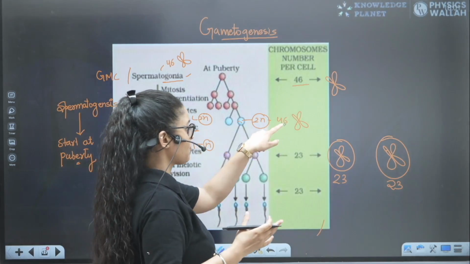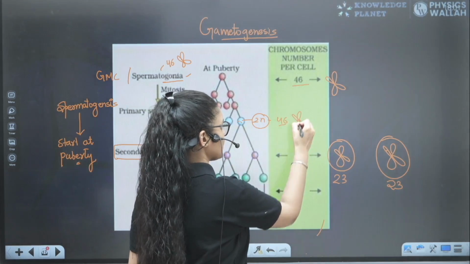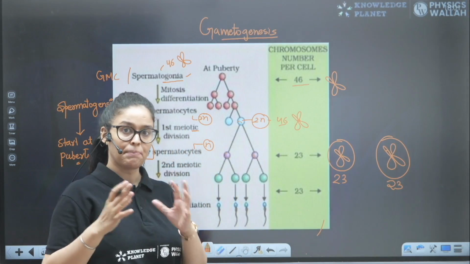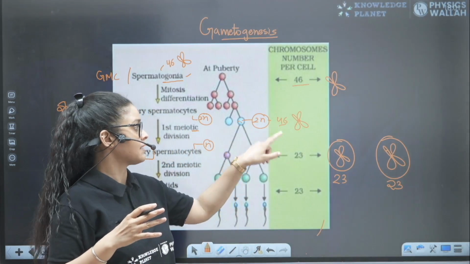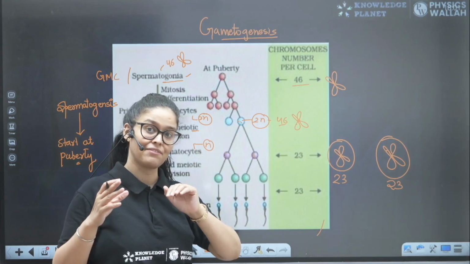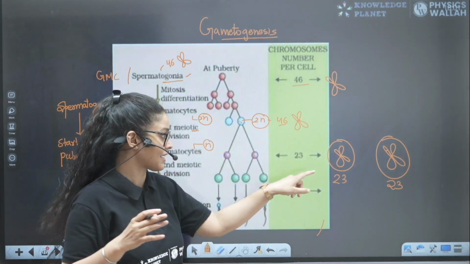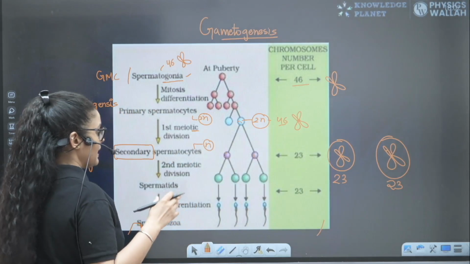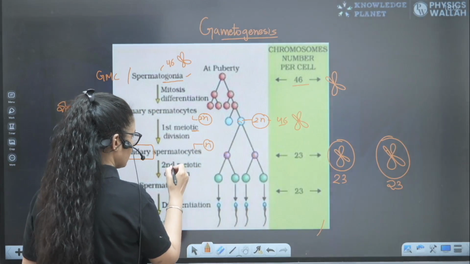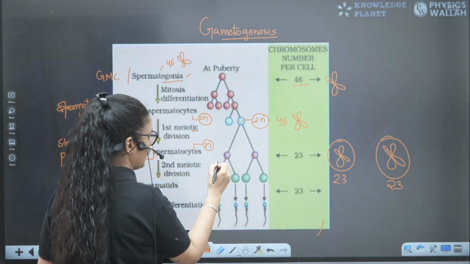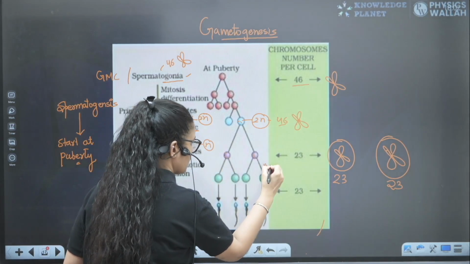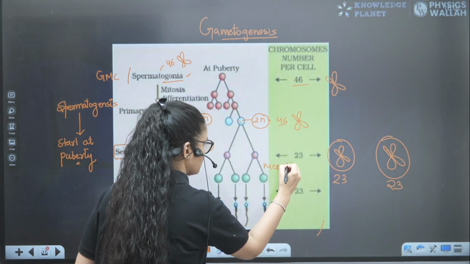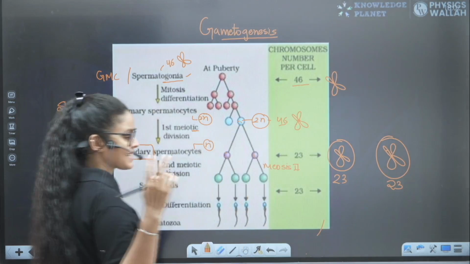23 pairs means 46, right? Earlier they were in pairs, but now they become unpaired. You must have done this concept in your class 11th, right? And finally, this secondary spermatocyte will undergo meiosis 2. We know meiosis has two steps.